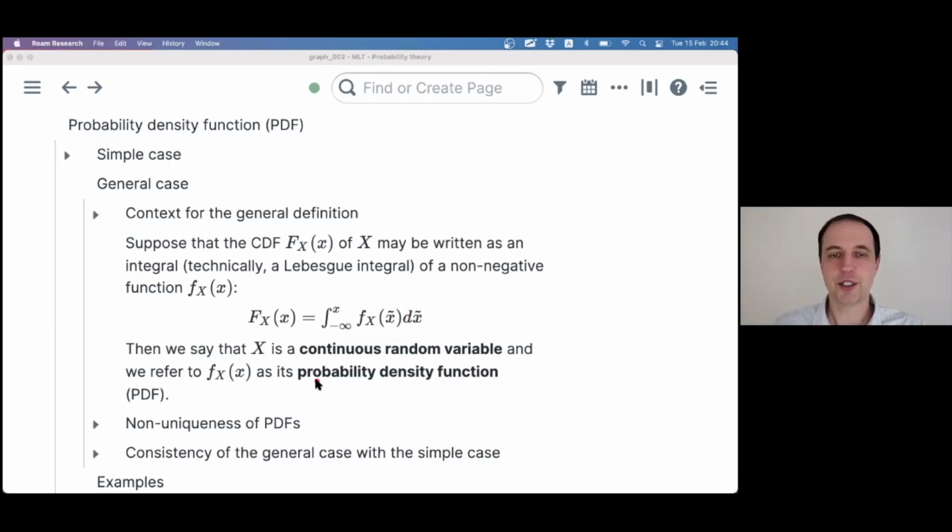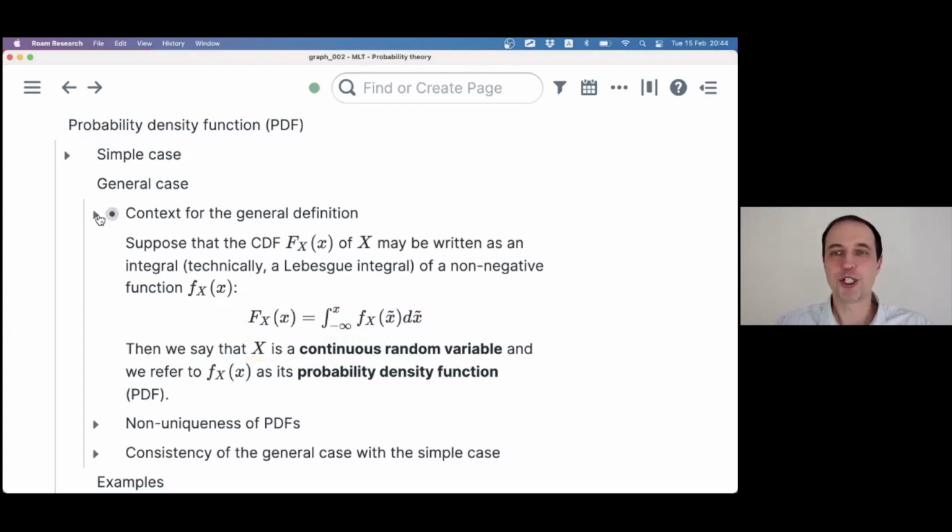And this function is going to be called the probability density function. So instead of starting with derivatives, we are starting here with an integral expression.